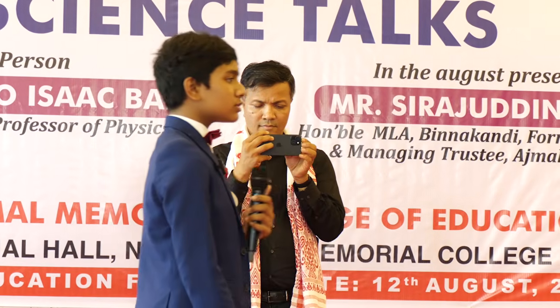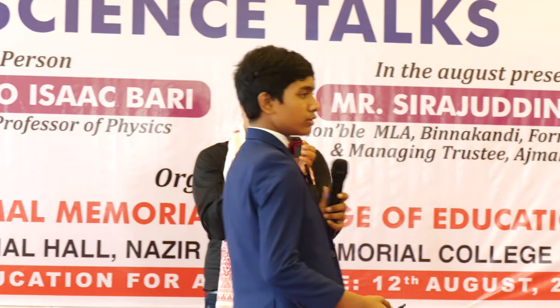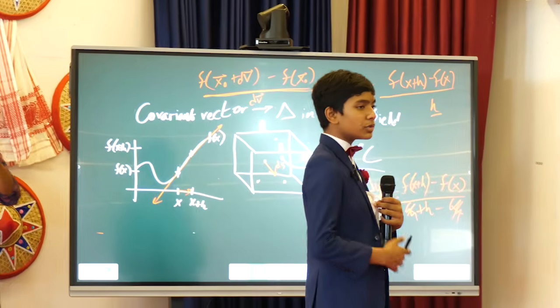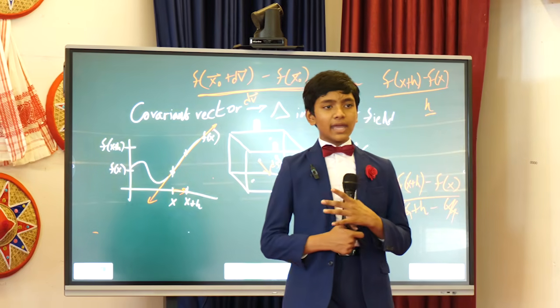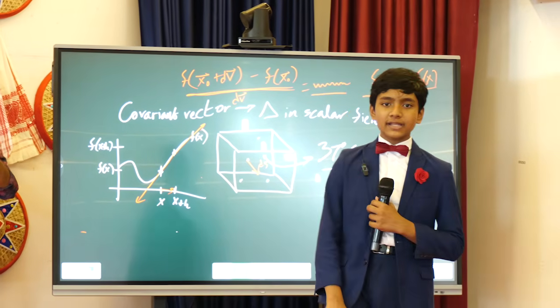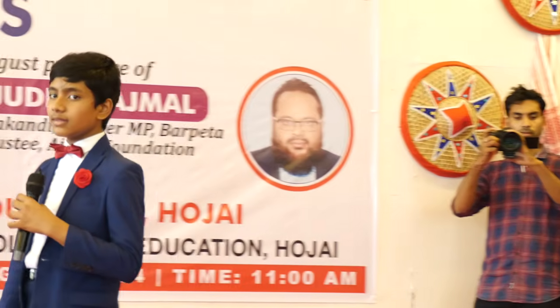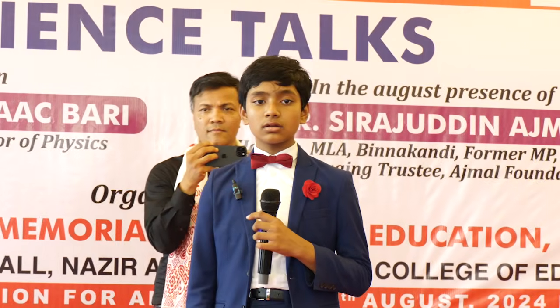But if the temperature is generally the same all around, it's 30 degrees Celsius right over here, and it's 30 degrees Celsius over here as well, then there's not going to be any covector. The covector's magnitude is going to be 0 because there was no change. There is no derivative. Does everybody understand that?